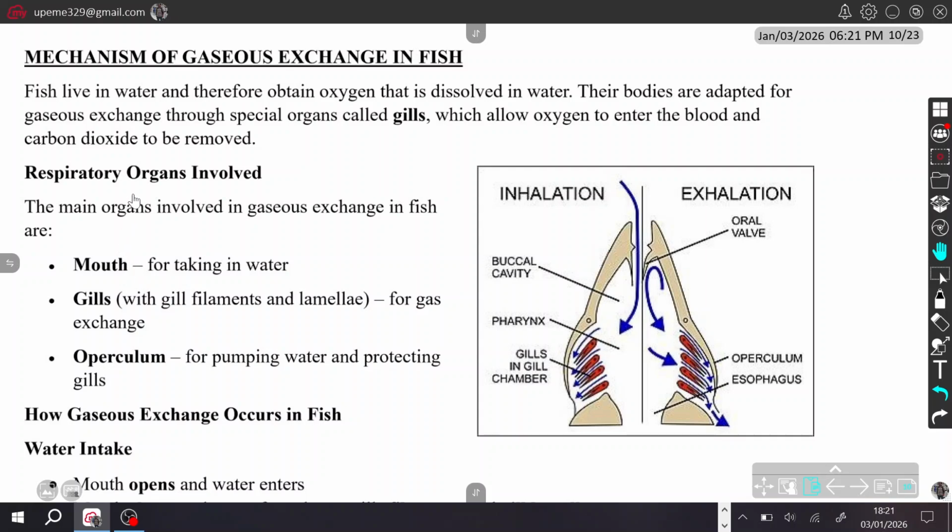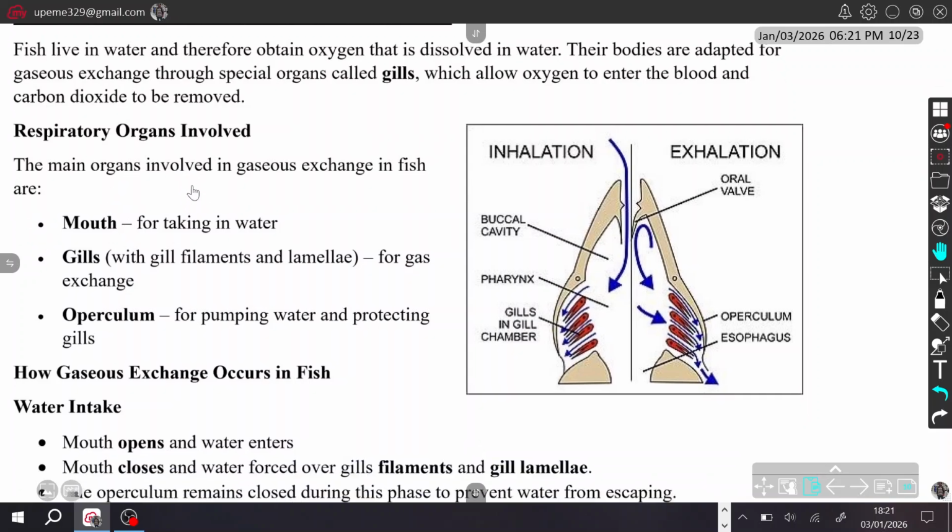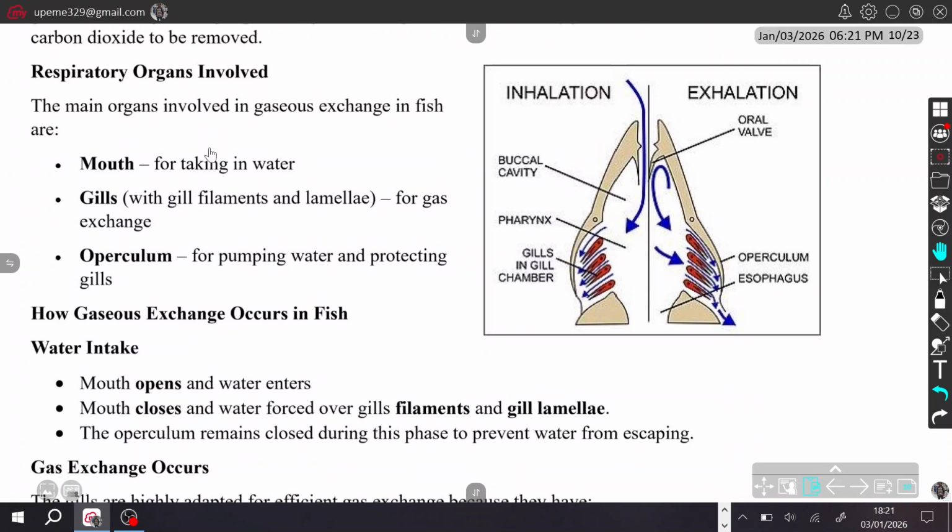Now let's talk about the respiratory organs involved. What are some of the respiratory organs involved? The main organs involved in gaseous exchange in fish are: 1. Mouth, for taking in water. 2.